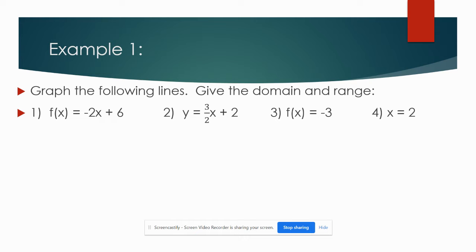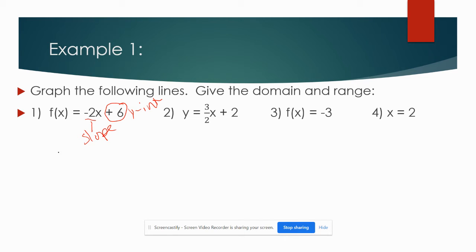Giving the domain and range in the graph. So remember, this is going to be the y-intercept. I can make the number in front of x a fraction by putting it over 1 for the slope. So this is the slope, rise over run.